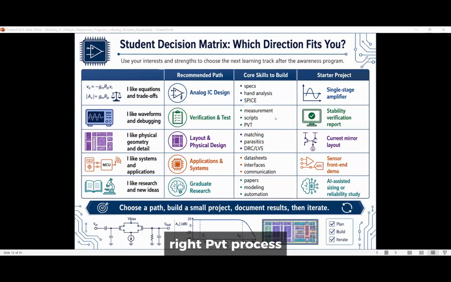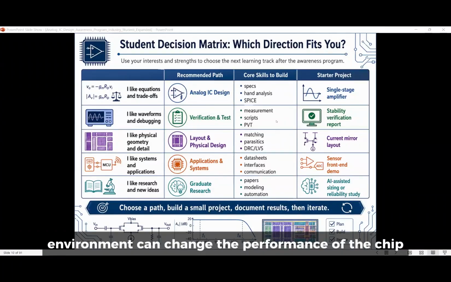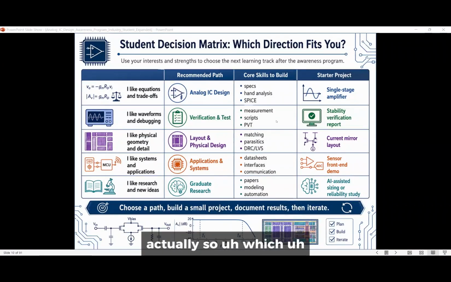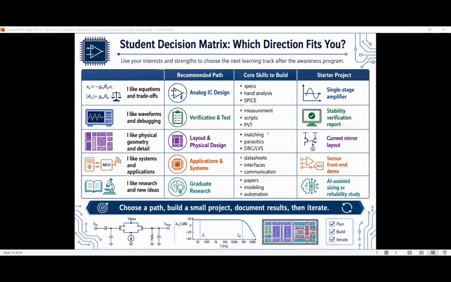PVT, process voltage temperature, is actually a variation, meaning the environment changes, and how this environment change can vary the performance of the chip and the circuit response.